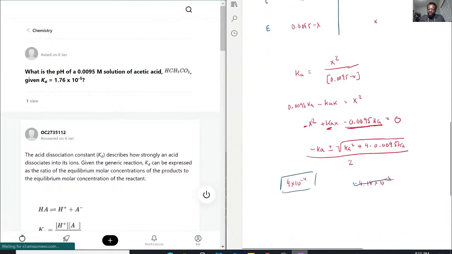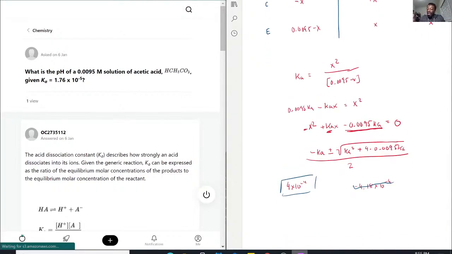So if I plug this in theoretically, if I square this 4 times 10 to the negative 4, and then divide that by 0.0095 minus that same number, I should get a Ka of perfect, of the 1.76 times 10 to the negative 5, which I do. So this is a good x to use.